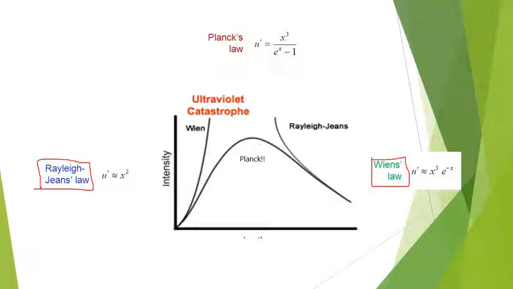Both of them took a look at it. Rayleigh-Jeans came up with an equation that fit this side of the curve, and Wien's law came up with the other side, like this. But neither one of them fit the proper curve.